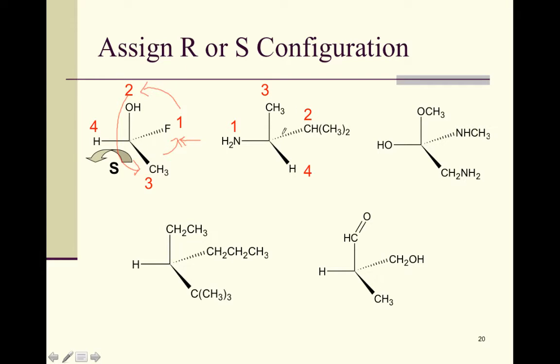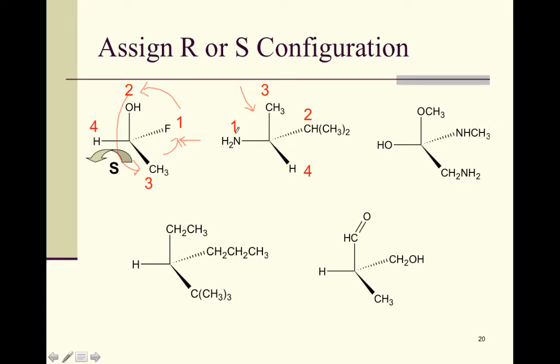This one had a tie initially with carbons here and here, but this one won the tie. In this case, the lowest priority is actually coming out at me. Take your model and put the lowest priority towards you, and then flip it and put the lowest priority away from you. Do you notice that when the lowest priority is facing you, the direction is opposite of what you see? So we need to be looking at this as though we're looking at it from behind the screen, from back here.